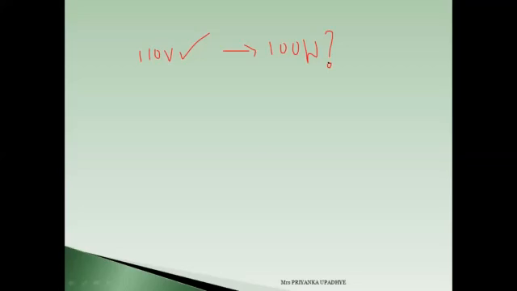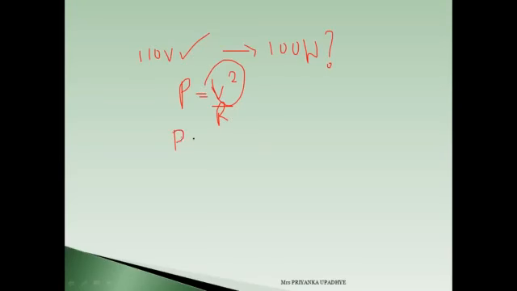Now what will happen to the resistance? We know that resistance will remain as it is, and the only thing which is changing is voltage. So which formula do we use? P is equal to V square divided by R. Power we need to calculate.